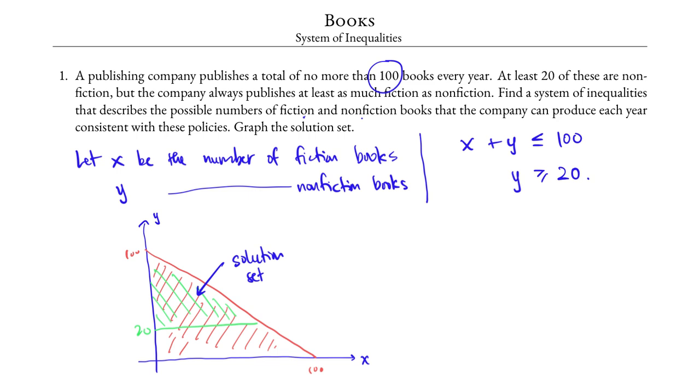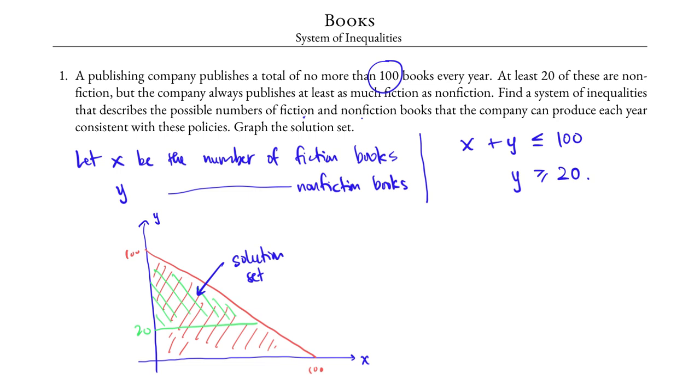Anything above the green line has a value of y greater than or equal to 20. This means the company can publish any possible number of combinations in the feasible region. Since the company wants to publish at least as many fiction as non-fiction, we're looking for an ordered pair in the solution set that maximizes both x and y.